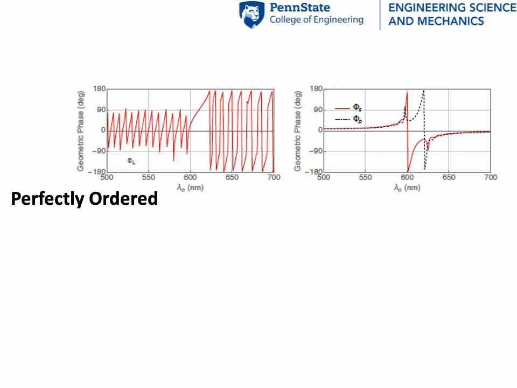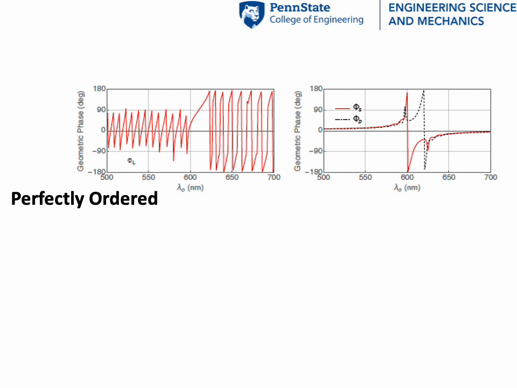First, let me present the spectrums of the geometric phases of the transmitted light for incident light of three different polarization states. Phi sub L is the geometric phase when the incident light is left circularly polarized. Phi sub S when it is perpendicularly polarized, and phi sub P when the incident light is parallel polarized. There is no geometric phase when the incident light is right circularly polarized.